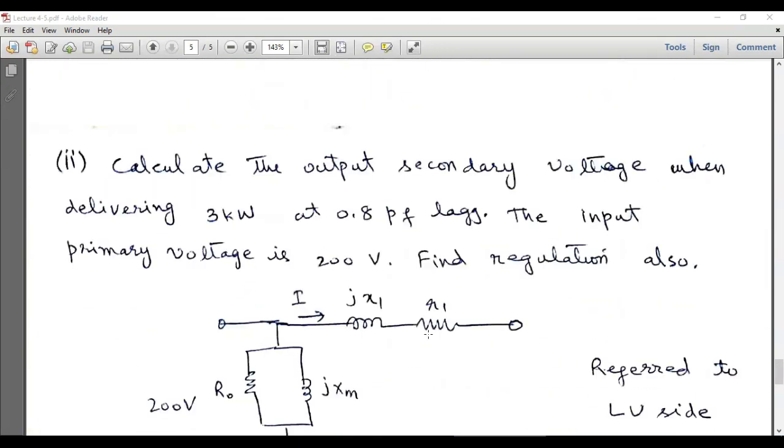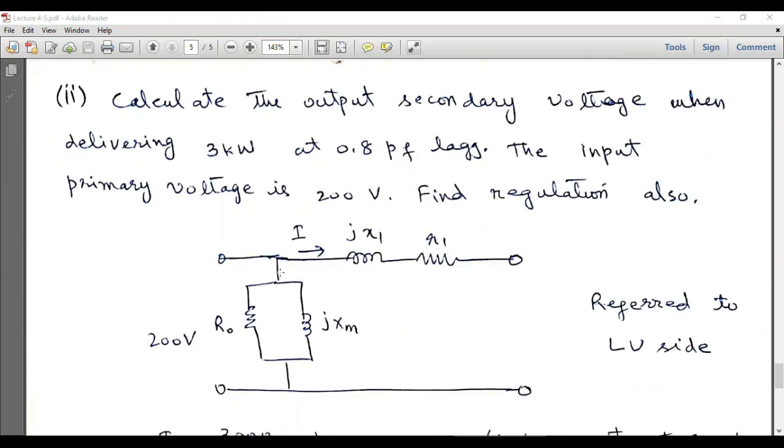Now finally, this is the second part of the problem, and in this part we have to calculate the output secondary voltage when the transformer is delivering 3 kilowatts power at 0.85 power factor lagging. The input primary voltage is 200 volts, and we have to calculate the voltage regulation as well.